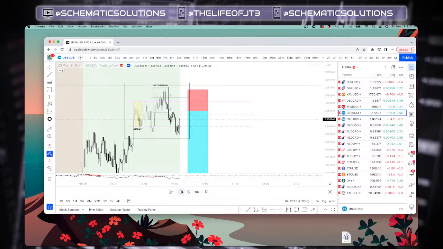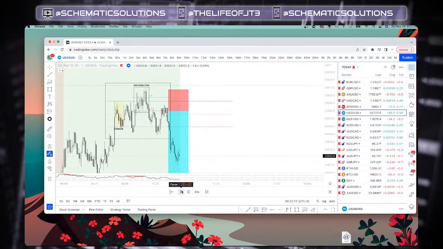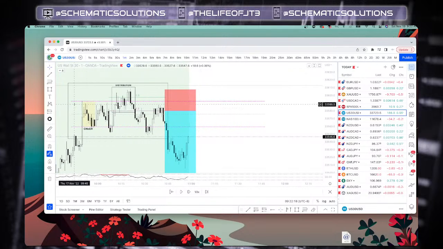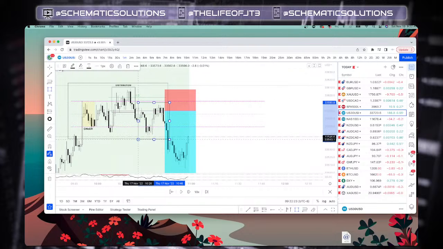So we allow price to play. We get tapped into 50%. I didn't drop the 80% because we didn't get tapped into it. But at this point, we understand what just happened. We just redistributed. Within that redistro, we have a distribution.